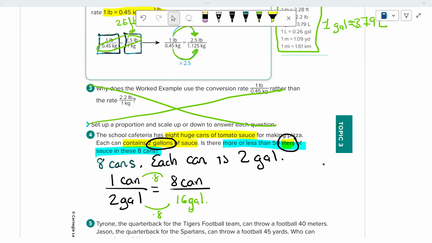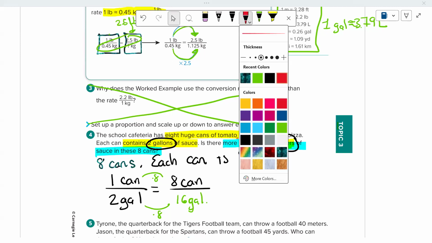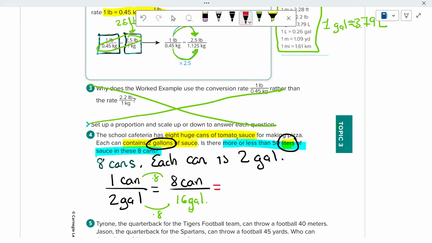Okay, it's working now. All right, so 1 gallon. Let me write a different color. Red, here we go. So I want 1 gallon, and that's 3.79 liters. What I need to do with these two numbers? Just multiply. That's all you gotta do. Just multiply the two, because you're converting gallons to liters.